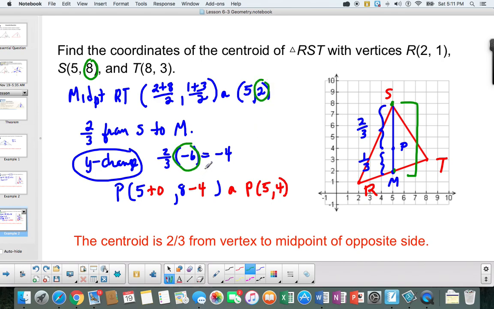So 2/3 of -6 is -4. So in other words, you want to go down 4 from that. Now here we're starting at S, and here are my coordinates for S, 5 and 8. I don't want to go anywhere in the x-axis, left or right, but I do want to go down 4 units. And when I go down 4 units, I'm right here at 5, 4. So this is the point 5, 4. This is 2/3 of the way down.